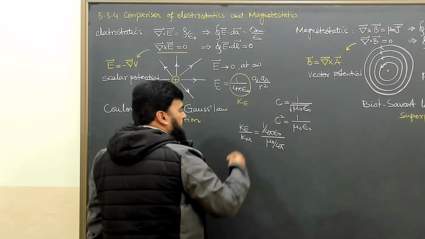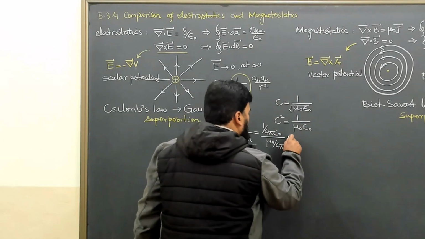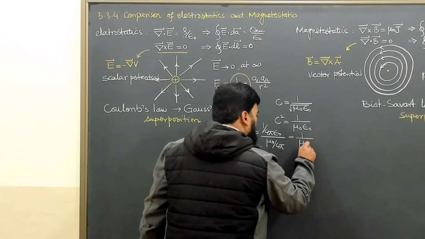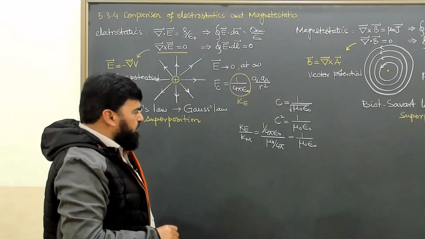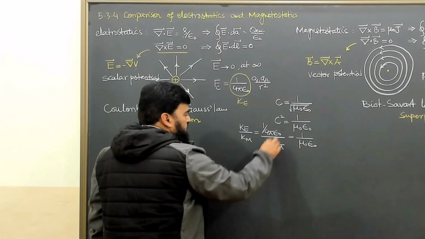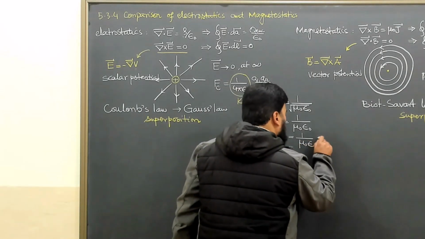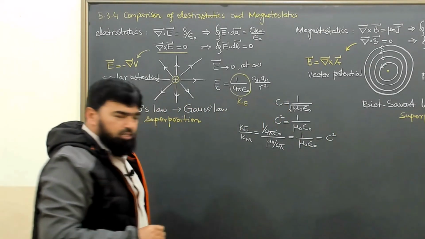So 4 pi will go up here, and we have the 4 pi cancellation, and this is 1 over mu naught epsilon naught, which is equal to C squared.